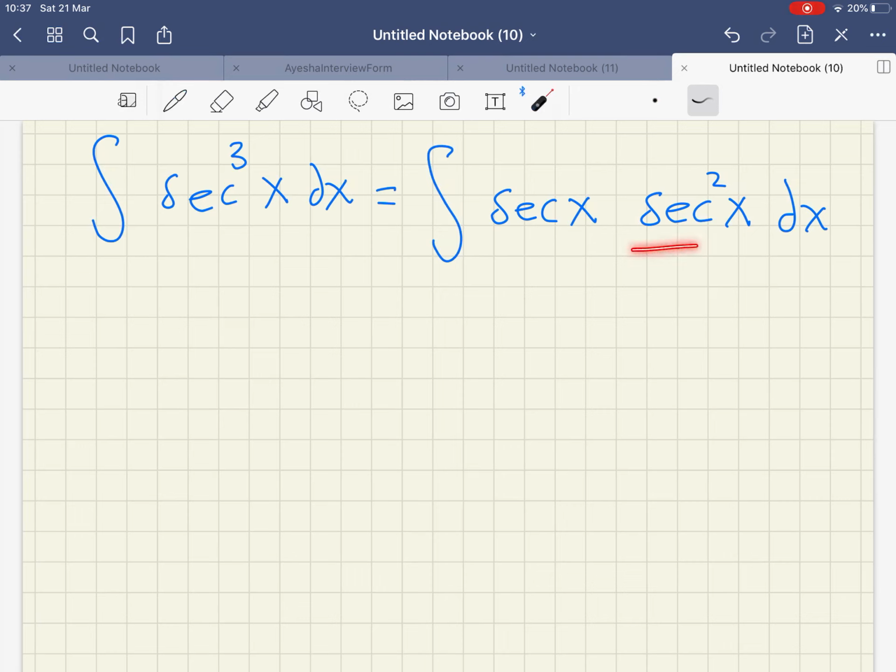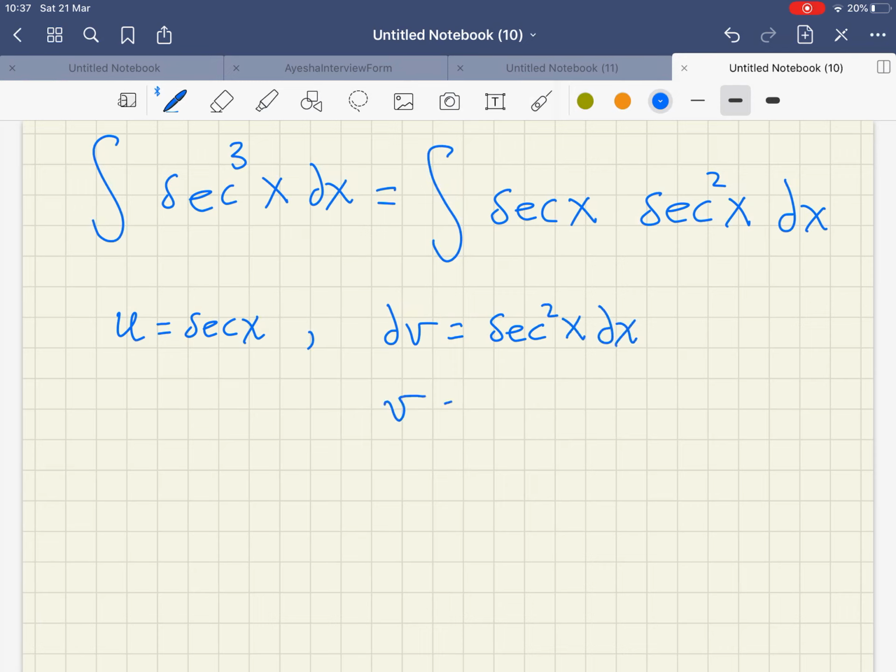I will choose secant squared to be my dv because I can find its integral easily, and secant x will be my u because I know its derivative. So u equals secant x, dv equals secant squared x dx, so v equals tan x, and du equals secant x tan x dx.